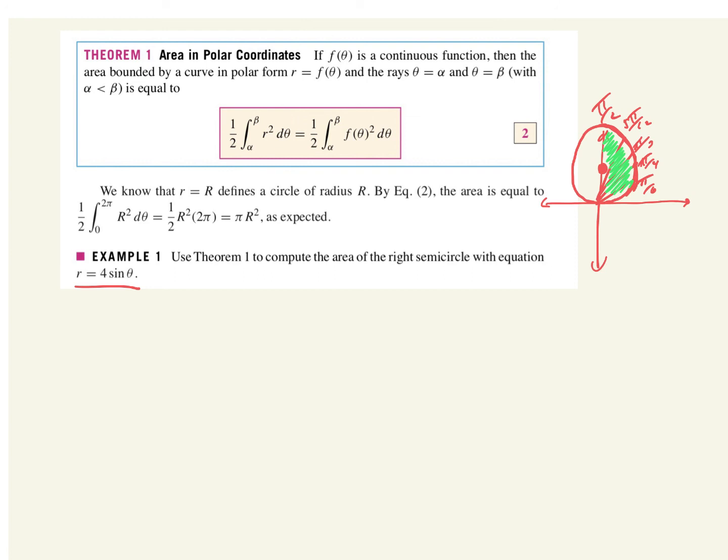Okay, so then I have my formula: 1/2 the integral from 0 to pi over 2 of my r squared, which I'll fill in a second, d theta. So based on the formula, that's what I've got. All that I'm doing now is filling in my 4 sine theta for my r.